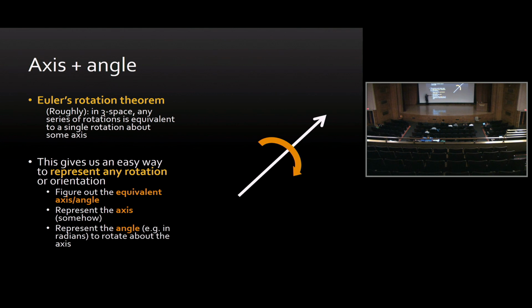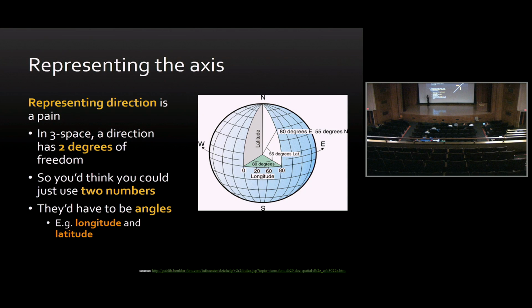So that then means if we want to represent a rotation, and therefore an orientation, we can do that by somehow representing what axis it is rotated around relative to the reference configuration and what angle. So how do we represent the axis? That's sort of the hard part.